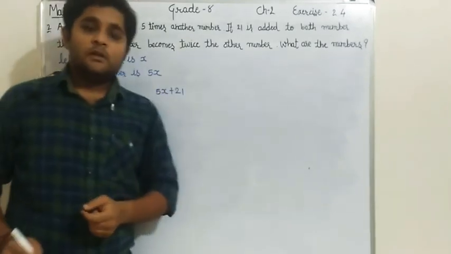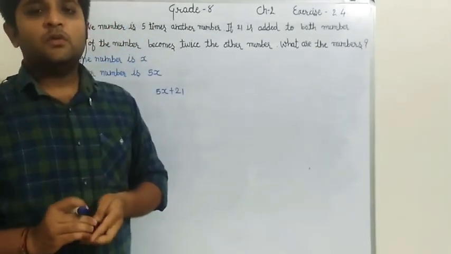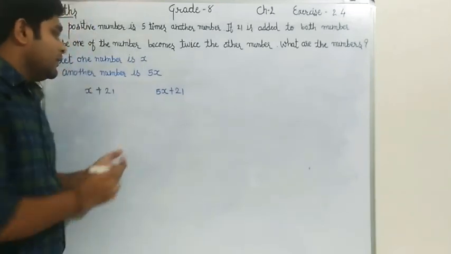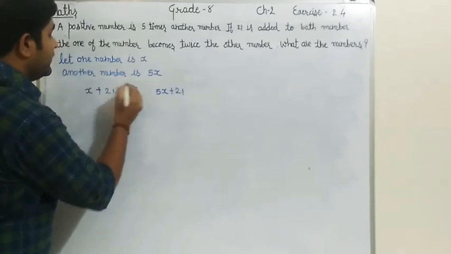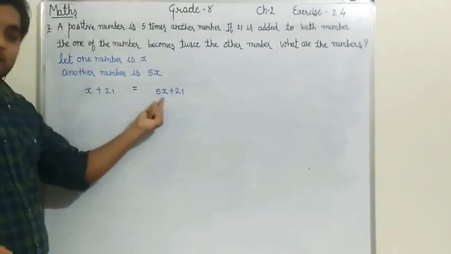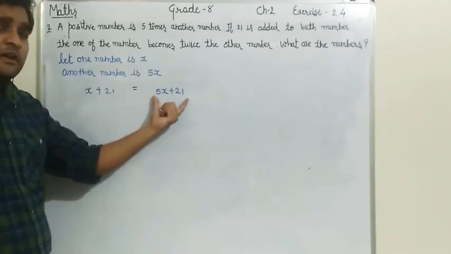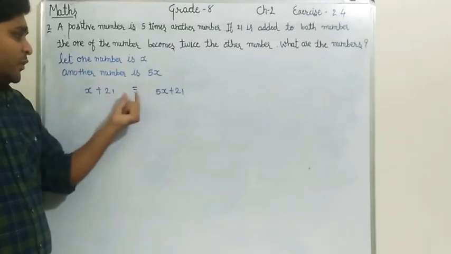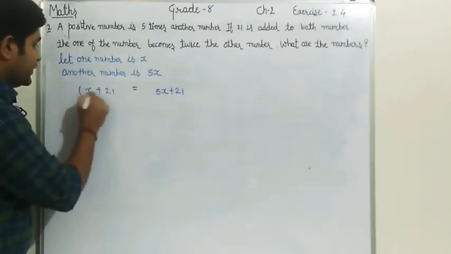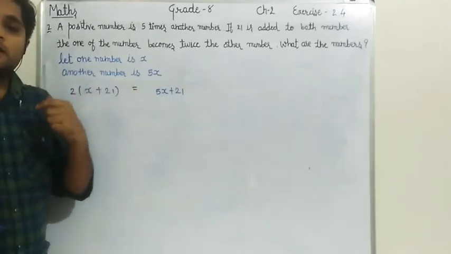What are the numbers? So friends, here we want both equal. So it is x, it is 5x. It is already bigger, right friends? So if we want to make both equal, twice is coming over here.